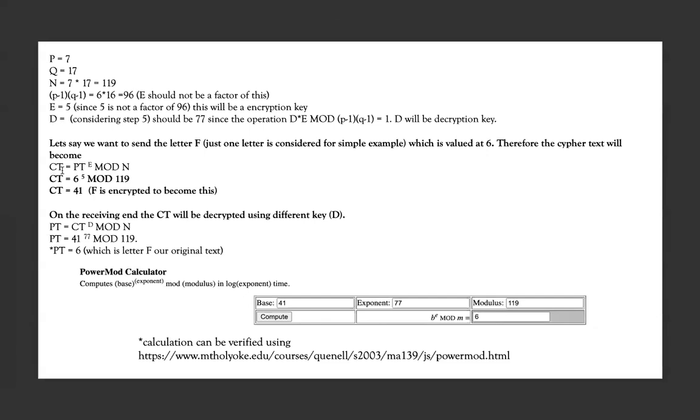So as you can see here, my plain text is 6. E has already been calculated as 5. I will take the mod of this value with Q minus 1 into P minus 1, which is 109.